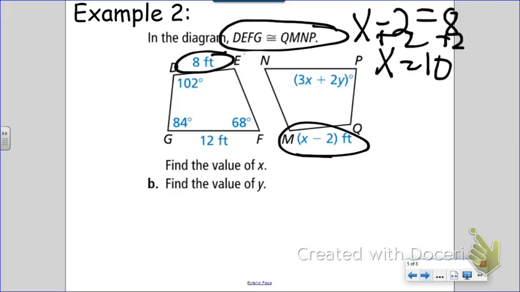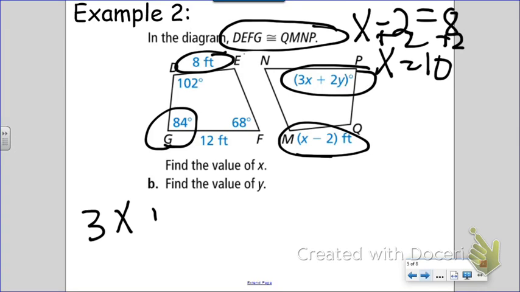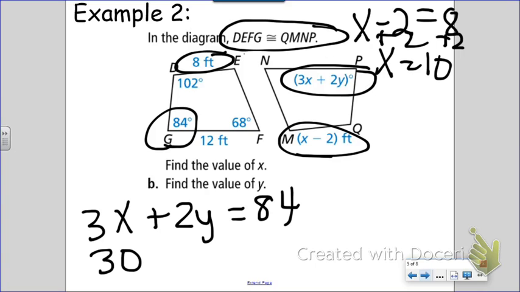To find Y, we have to match up angle P, which is congruent to angle G. So 3X plus 2Y equals 84. X was 10, so 3 times 10 is 30, plus 2Y equals 84.